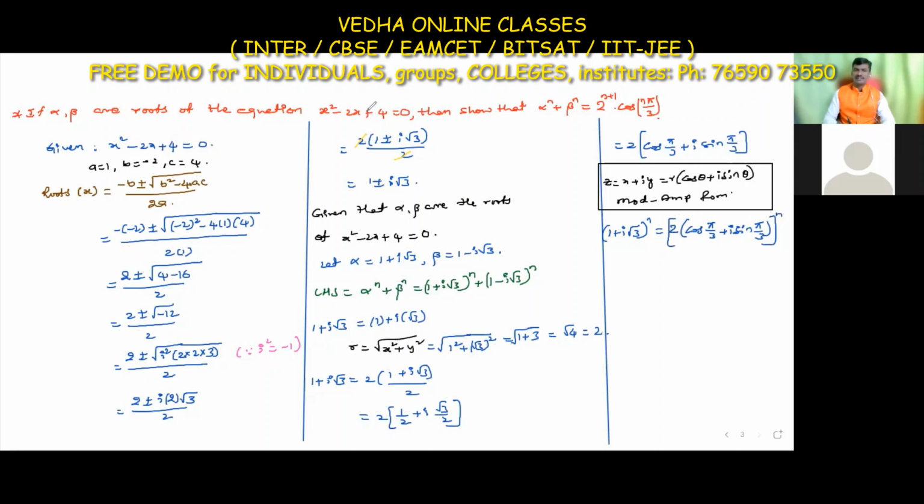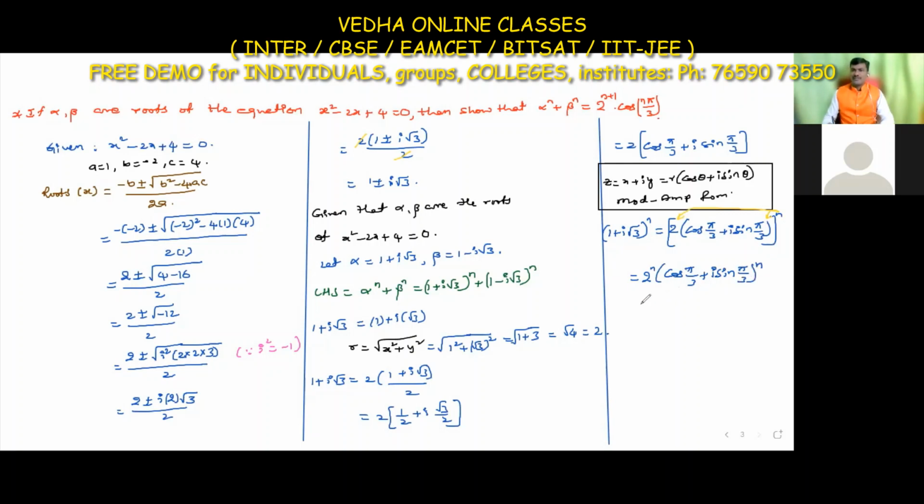This power n is applicable for both the terms, writing the power here and here. Now we get 2 to the power n into cos pi by 3 plus i sin pi by 3 whole power n.